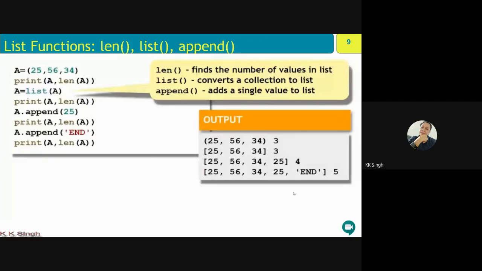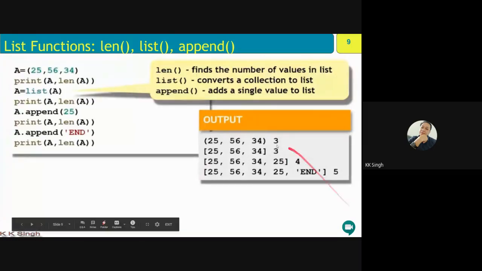When you say print A and length of A, you are going to print 25, 56, and 34 along with the length of A, which is 3. This is the tuple, along with the length of the tuple, that is 3. So the first output says 25, 56, 34, and the length of tuple A is 3.